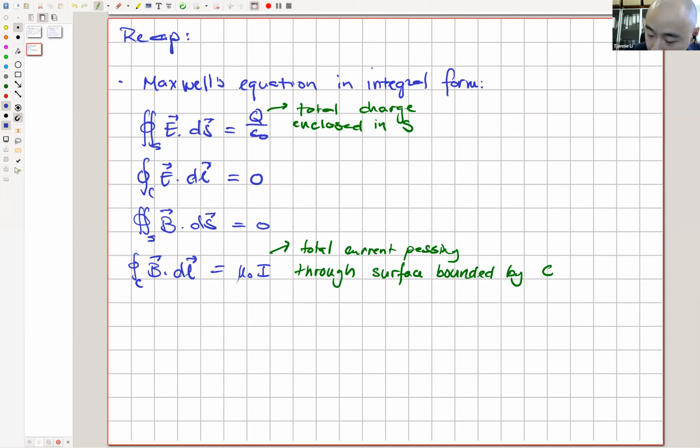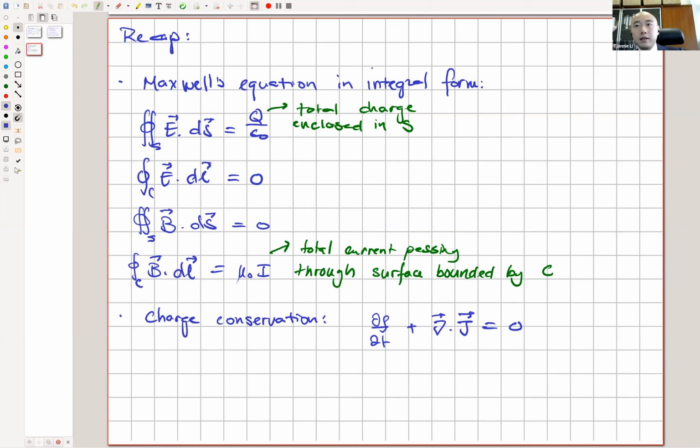And the other thing that we managed to do by considering things in integral form is to obtain an expression for charge conservation. We arrive at a particularly simple expression where the partial rho partial t, the rate of change of the charge density, plus the divergence of J equals 0.